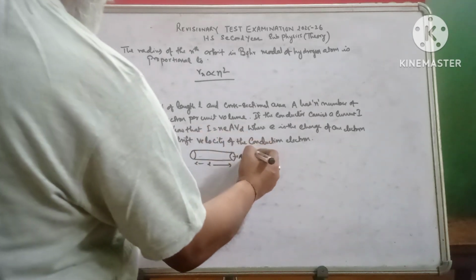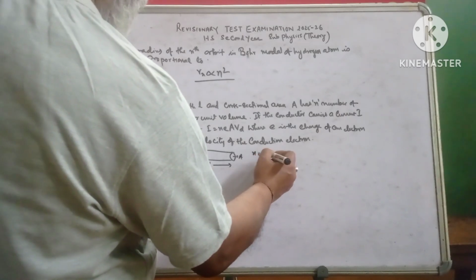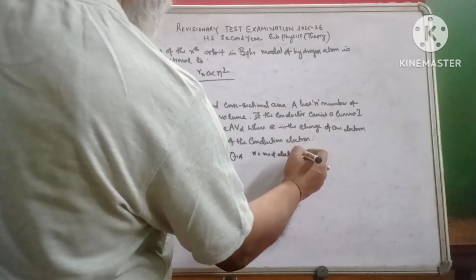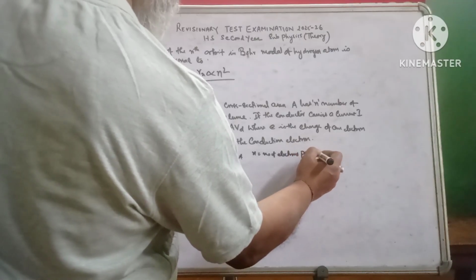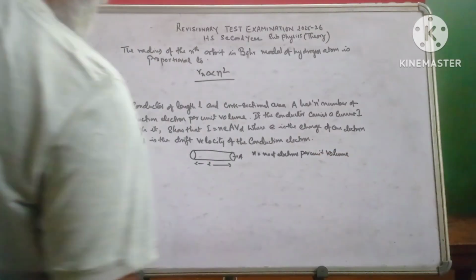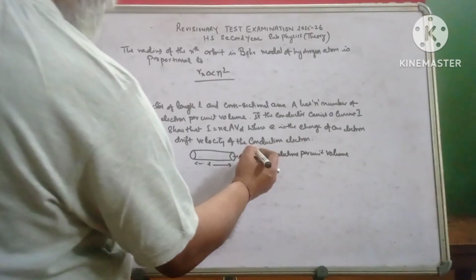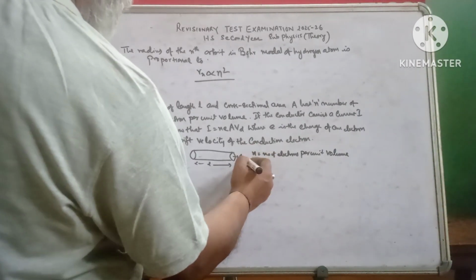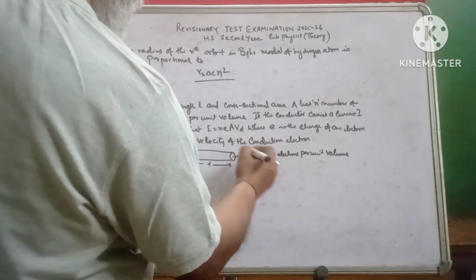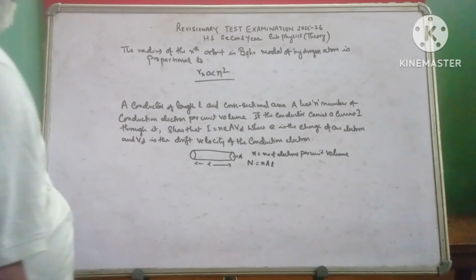Here n is the electron density, that is the number of electrons per unit volume. Vd is the drift velocity. The total number of electrons will be n into volume, that is A L, cross-sectional area into length.